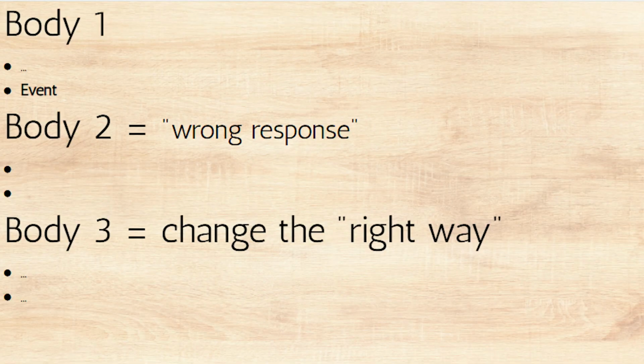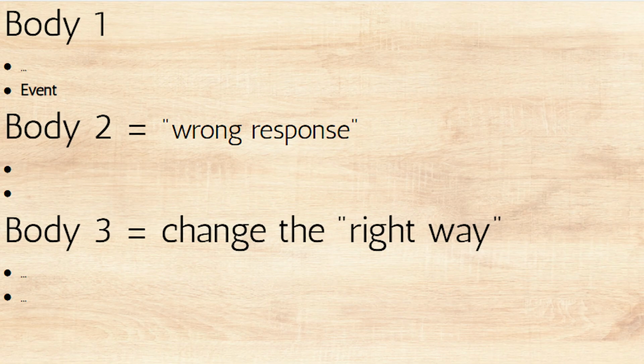Back to structure, though. Body paragraph 2, as I said, is the wrong way to learn the lesson. Body paragraph 3 is where you start to learn the lesson the right way, quote unquote. This is where the growth really happens, and this is where you start to actively grow.